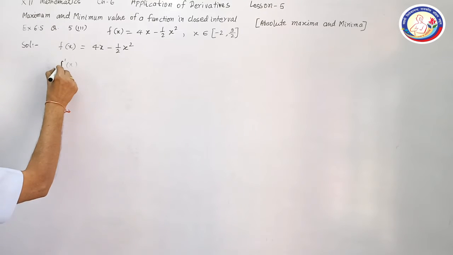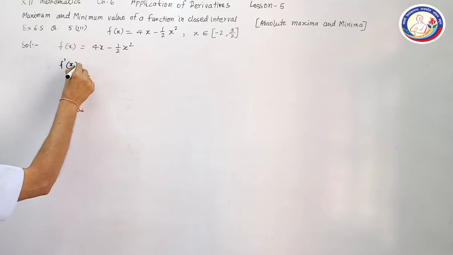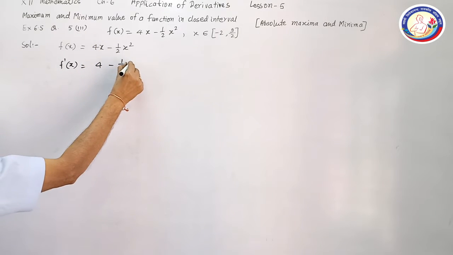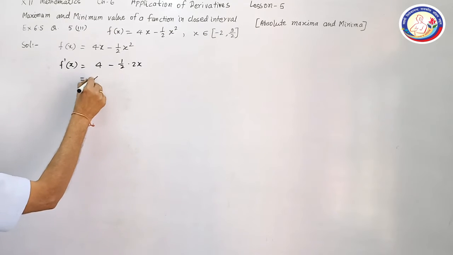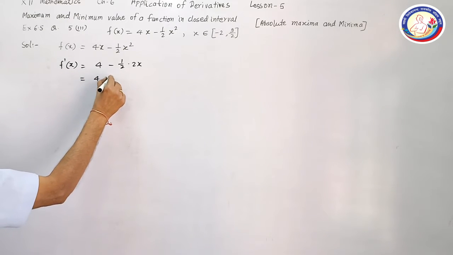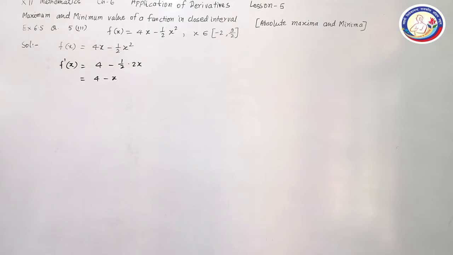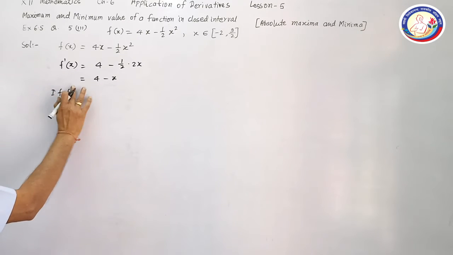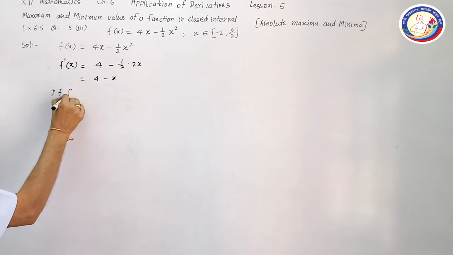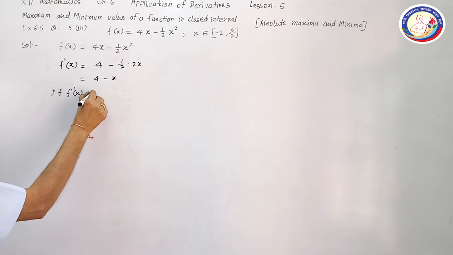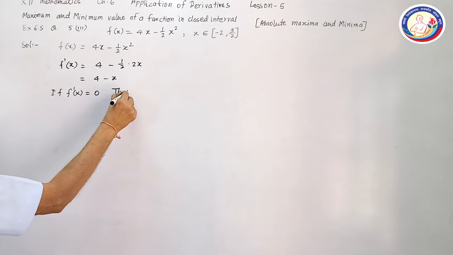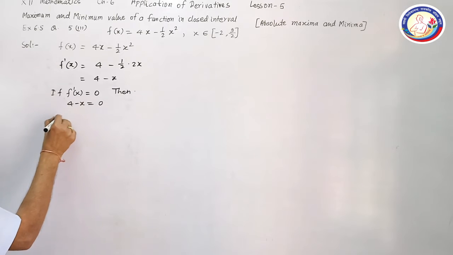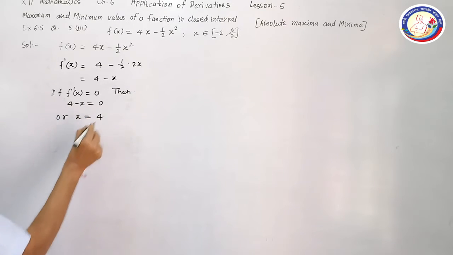It will be the derivative of 4x, which is 4, and minus 1 upon 2 into 2x. On simplification, we shall get 4 minus x. If f dash x equal to 0, then 4 minus x is 0 or x equal to 4.